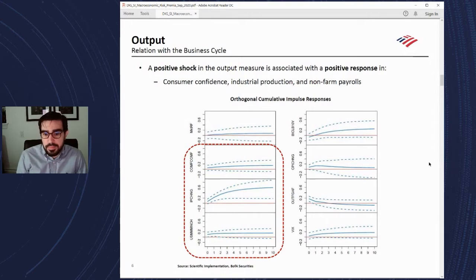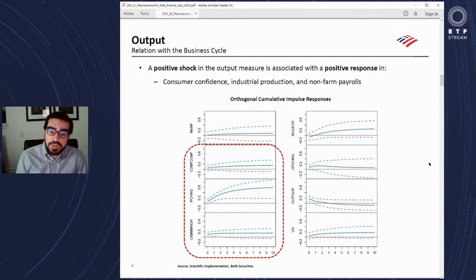And the way we go about testing that is we're estimating a VAR model, the estimates of which we're using to construct cumulative impulse responses. And what we see from those impulse responses is that a positive shock in this output measure is associated with a positive response over the next 10 months or so in consumer confidence, industrial production, and non-farm payrolls.